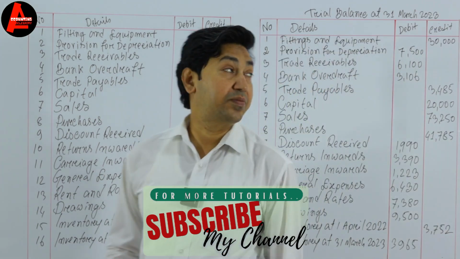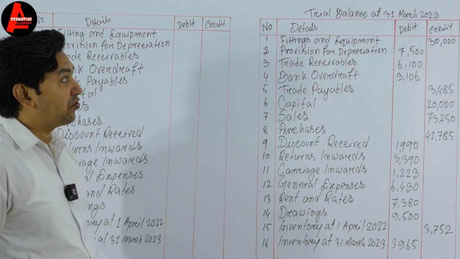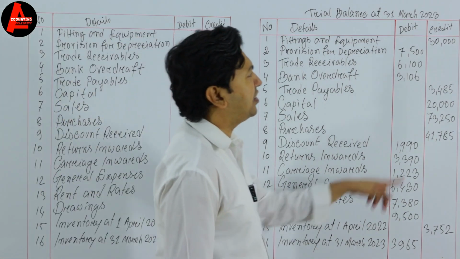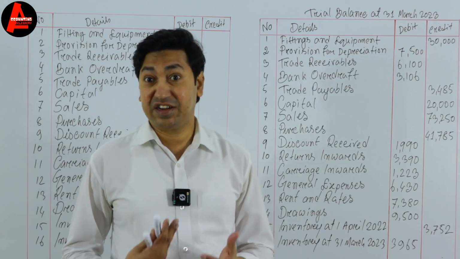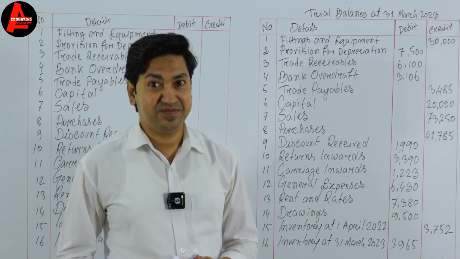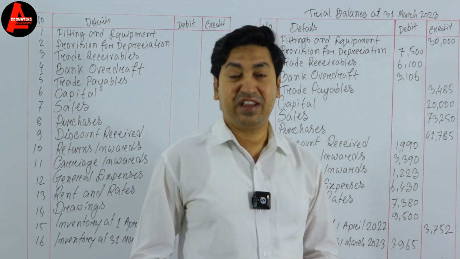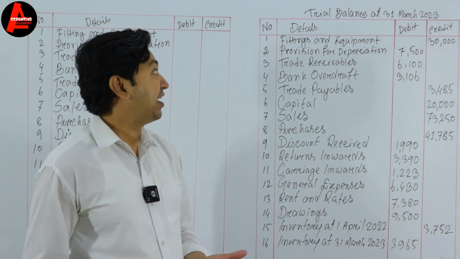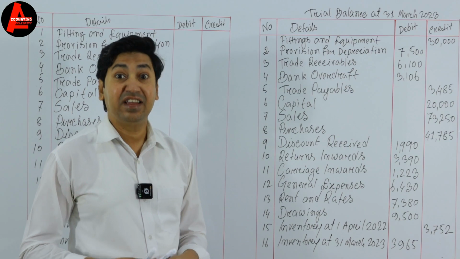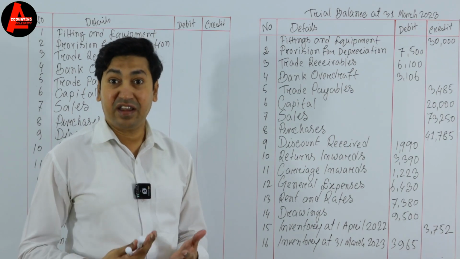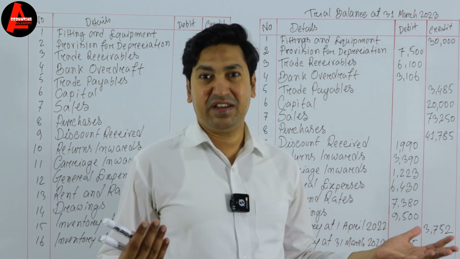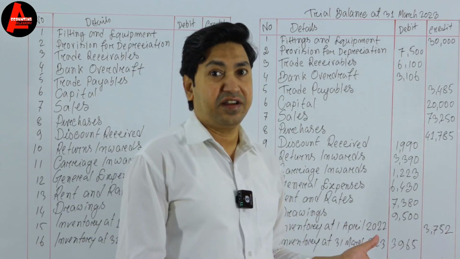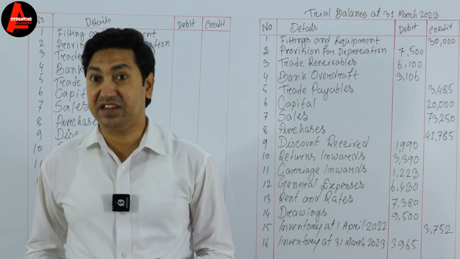Let us see, first of all, fixtures and fittings. This amount is written on the credit side. You tell me, is it correct or wrong? Well, it is wrong. Why? Because fixtures and fittings is an asset. It is a non-current asset. Assets of all types will be debited, whether it is a current asset or non-current asset.